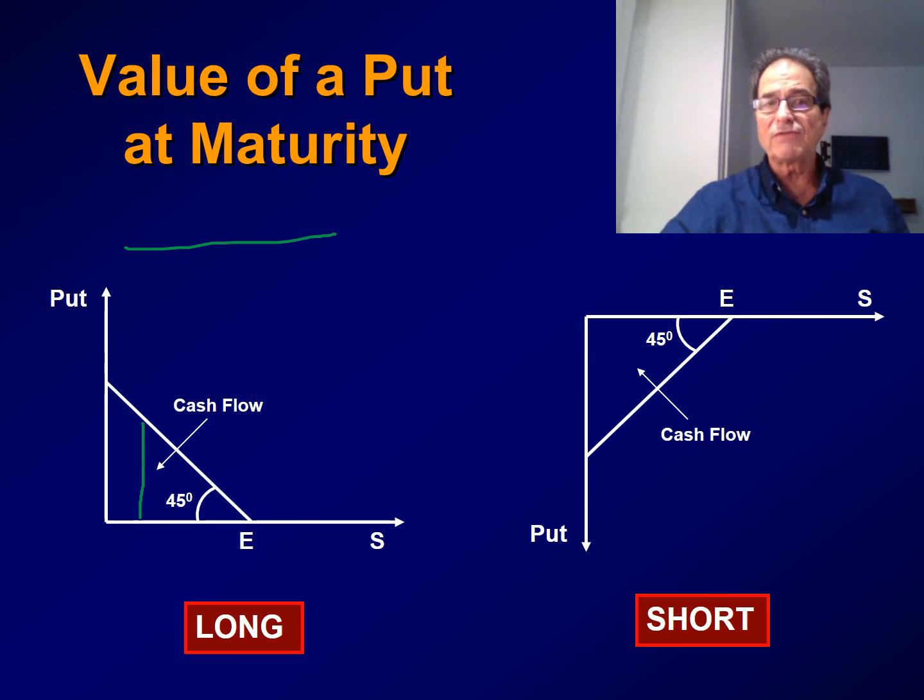And my positive cash flow will be just the difference between E and S. In case the value of the stock at maturity is above the exercise price, say $12, I will not sell it for 10. So my cash flow will be zero. And the graph corresponding to the person who has the short side, the short position, will be the opposite.